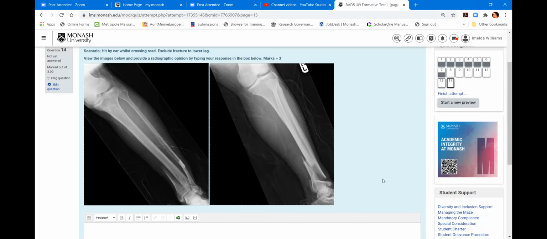So your overall comment for this case is that there is a displaced spiral fracture of the distal tibia which runs into the mortise joint, and there is an associated fracture of the distal third of the fibula. You could maybe add that there is no evidence of a fracture to the head of the fibula.